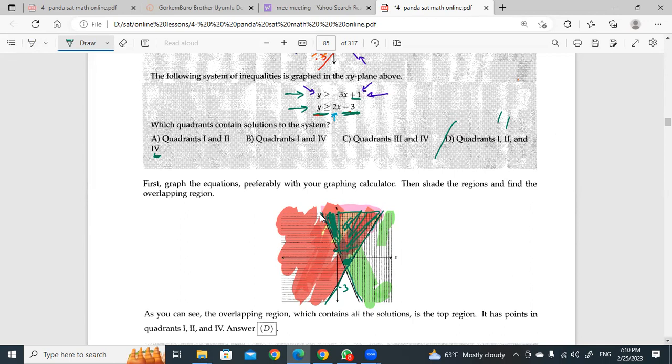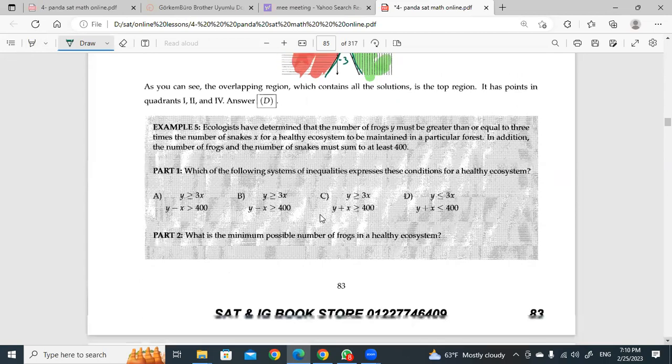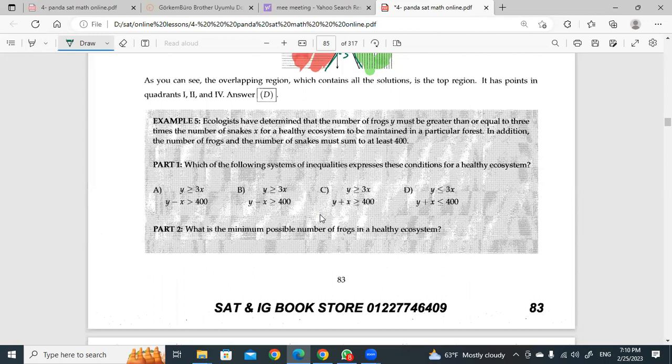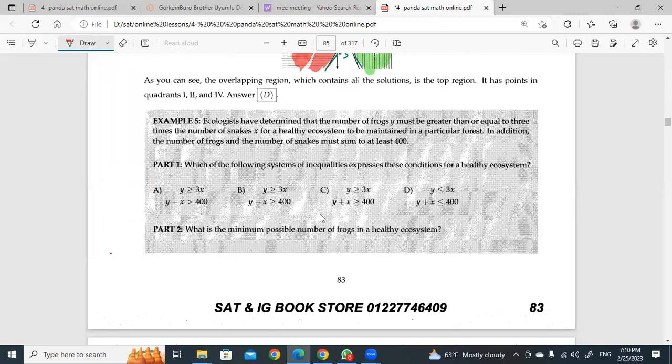Good. Great. Another word problem. And the word problem in the inequalities is related to how to convert the words into math, into algebra. Ecologists have determined that the number of frogs, y, will be determined by the equations that I will write.